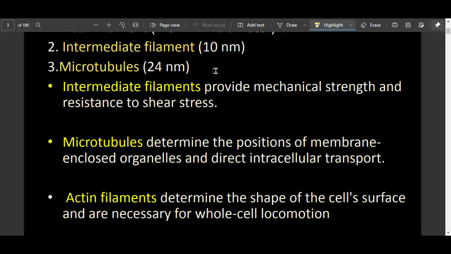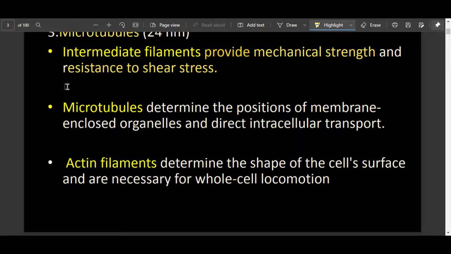Intermediate filaments provide mechanical strength and resistance to shear stress.